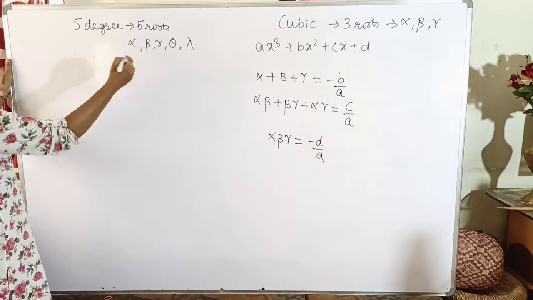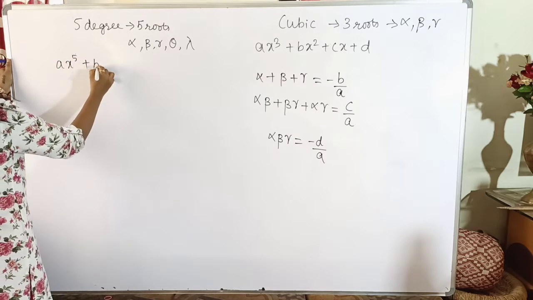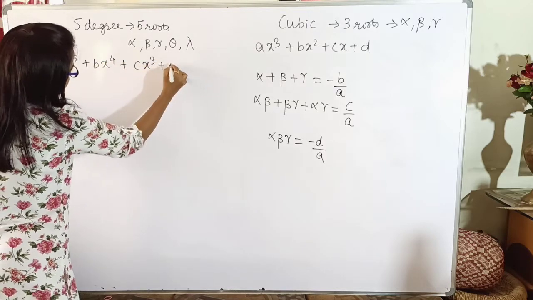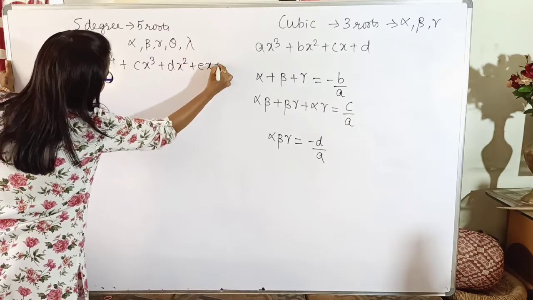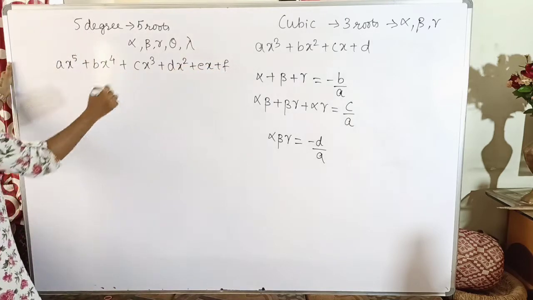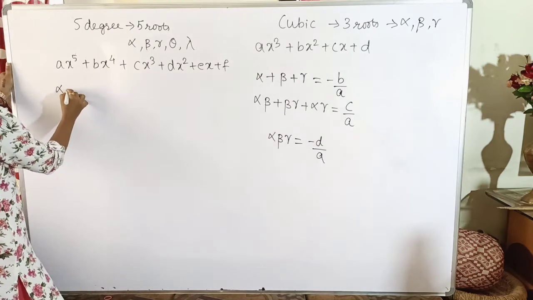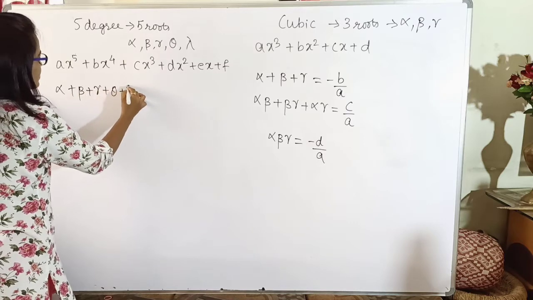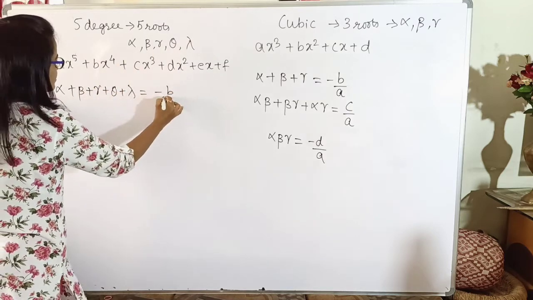Standard form, ax raised to 5 plus bx raised to 4 plus cx cube plus dx square plus ex plus f. First case, consider all the roots only one time. So alpha plus beta plus gamma plus theta plus lambda, it gives me minus b by a.